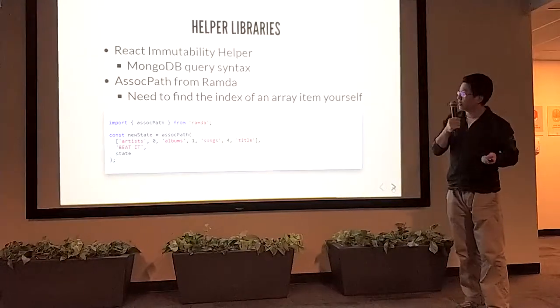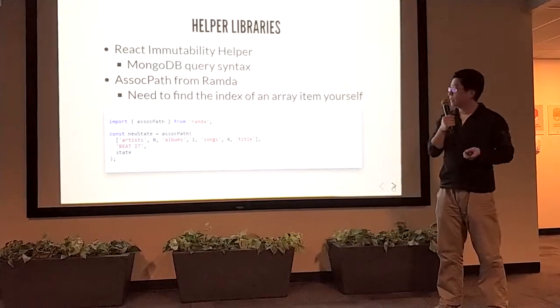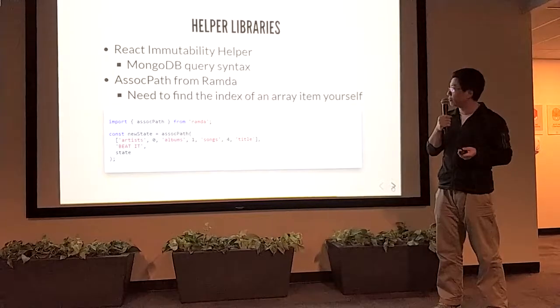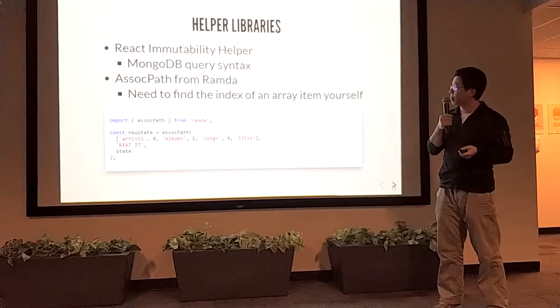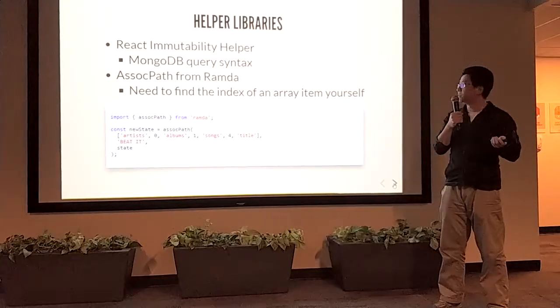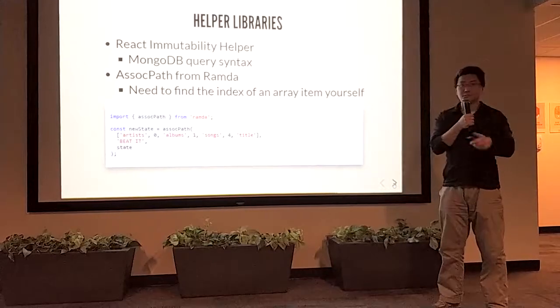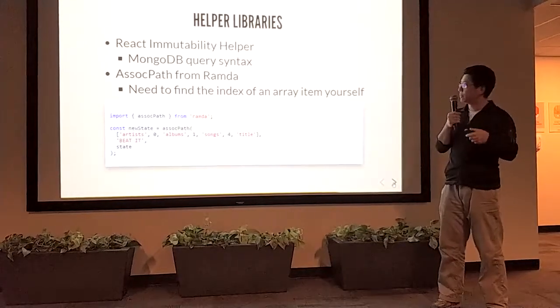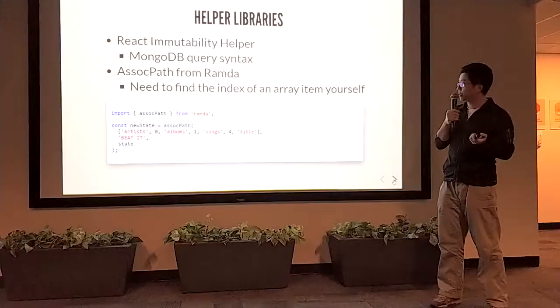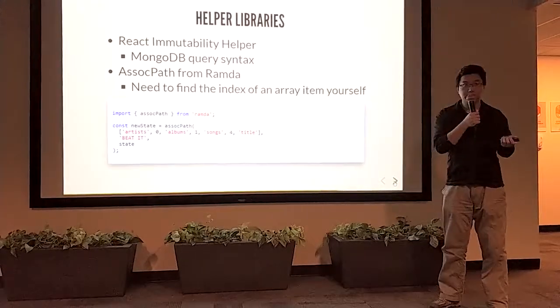One of the helper libraries is actually provided by React. It's called React Immutability Helper. Its syntax is very similar to MongoDB query syntax. So if you're familiar with MongoDB, you can give it a try. Another one that I use a lot is the assocPath function from a library called Ramda.